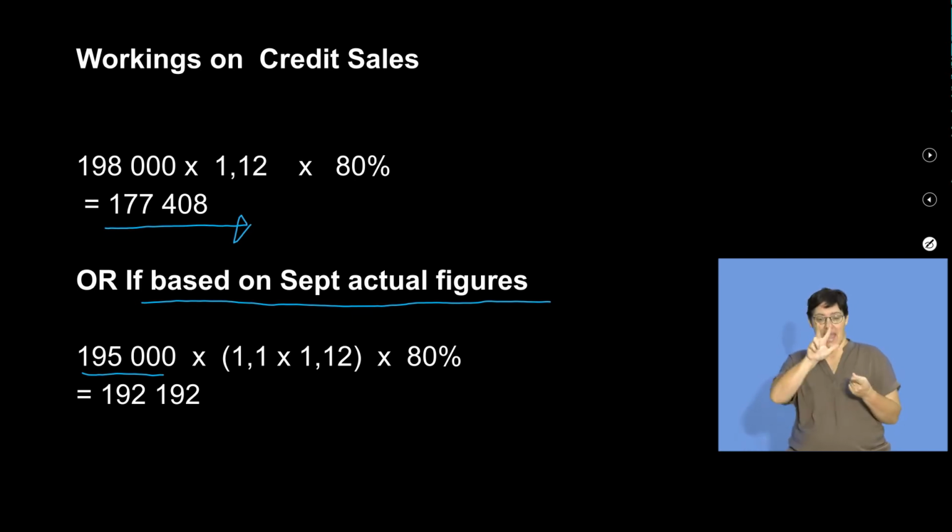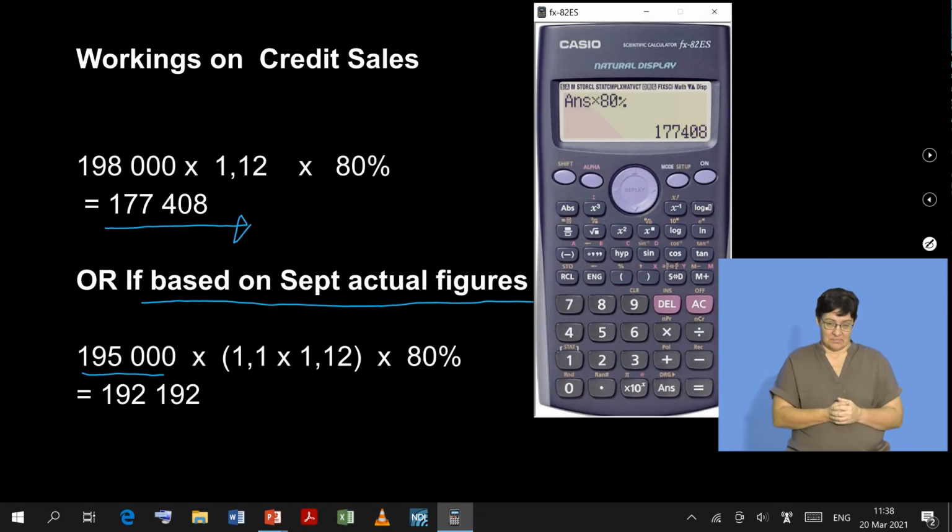So in other words, it's 195,000 times your 10%, and that will give you a figure of 19,500 plus 195,000. This will then give you a figure of 214,500, right?